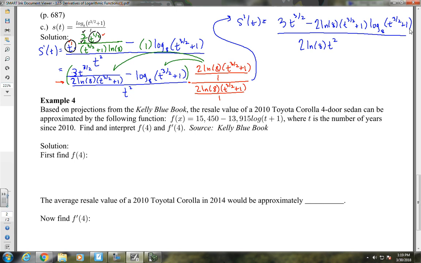In fact, so the t squared doesn't accidentally join the argument of our log, let's call it 2t squared natural log of 8 t to the 3/2 plus 1. Notice everything in the denominator is multiplied, so you can multiply in any order because multiplication is commutative, and you'll get the same thing. So it looks a tiny bit better than the last step in the simple fact that it's no longer a complex fraction, but it is still a pretty complex answer.